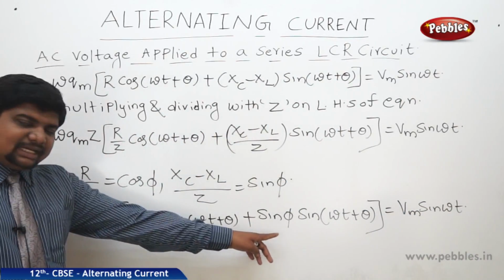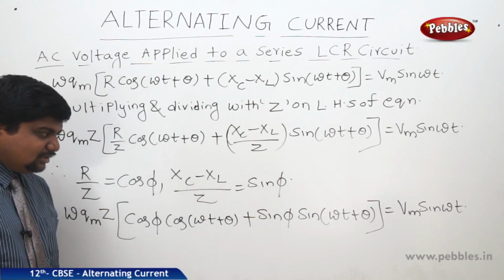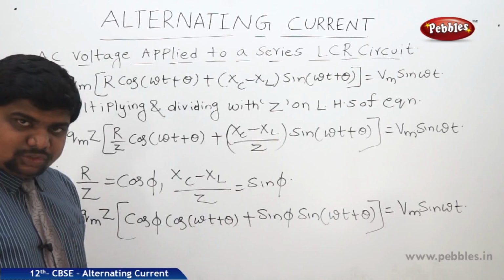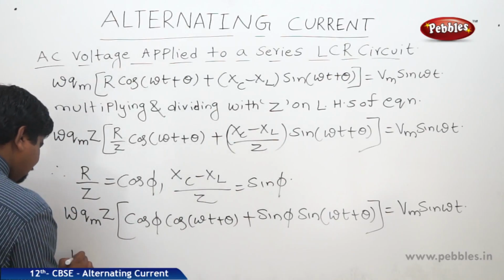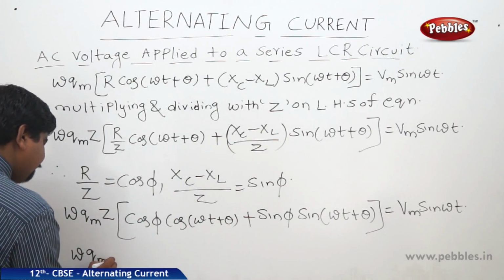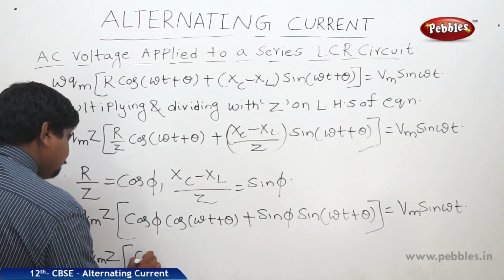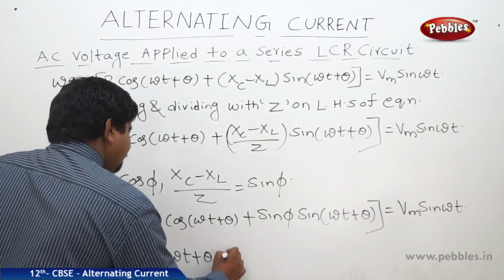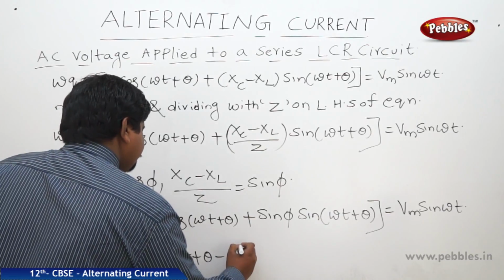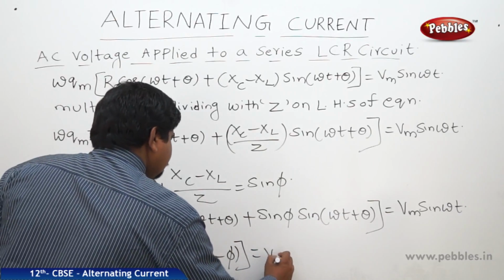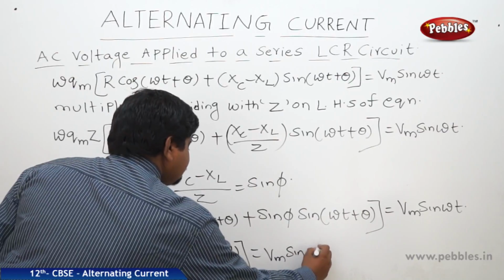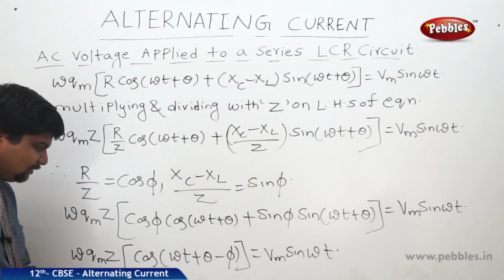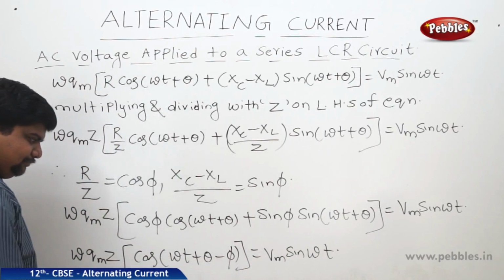So the bracket part is in the form of cos A cos B plus sin A sin B. So cos(A minus B) is the solution of this. Therefore we can write omega qm Z into cos(omega t plus theta minus phi) is equal to Vm sin omega t. Now we are going to the comparison from LHS to RHS.